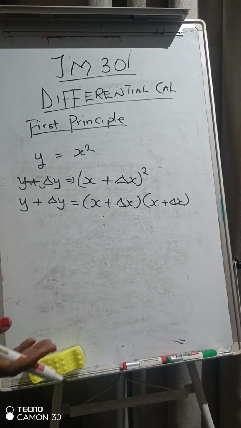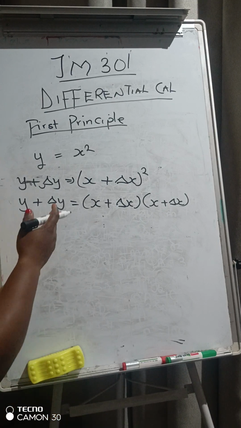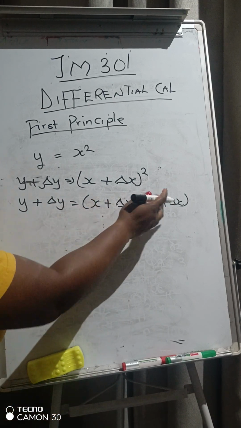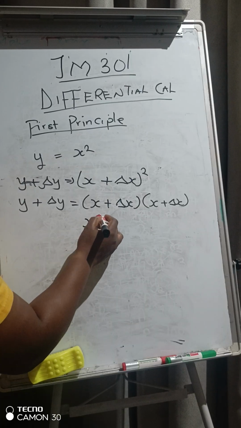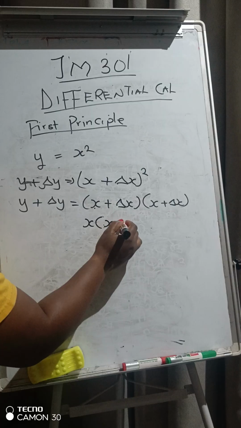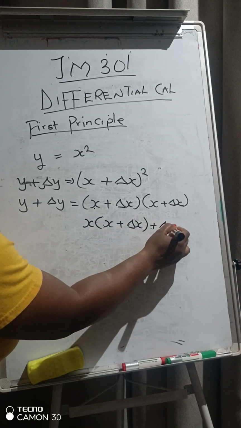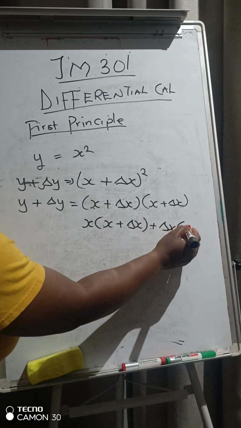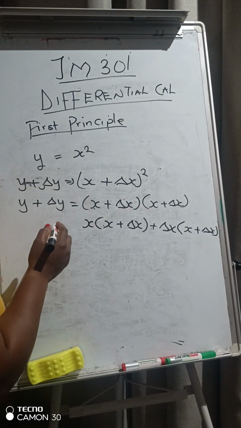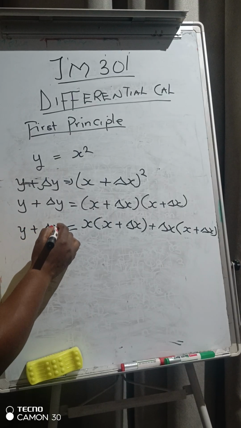If there's your promotion, it will cause this to increase or decrease. But we are looking at the positive change. So expanding this bracket, you take this one and multiply everything: x times x plus the change in x, then the change in x times x plus the change in x. Remember, we have y plus the change in y.